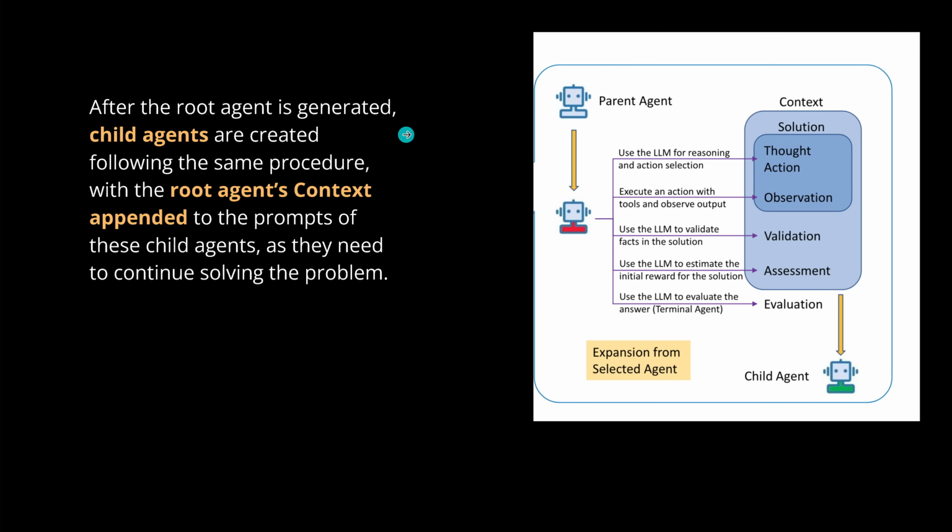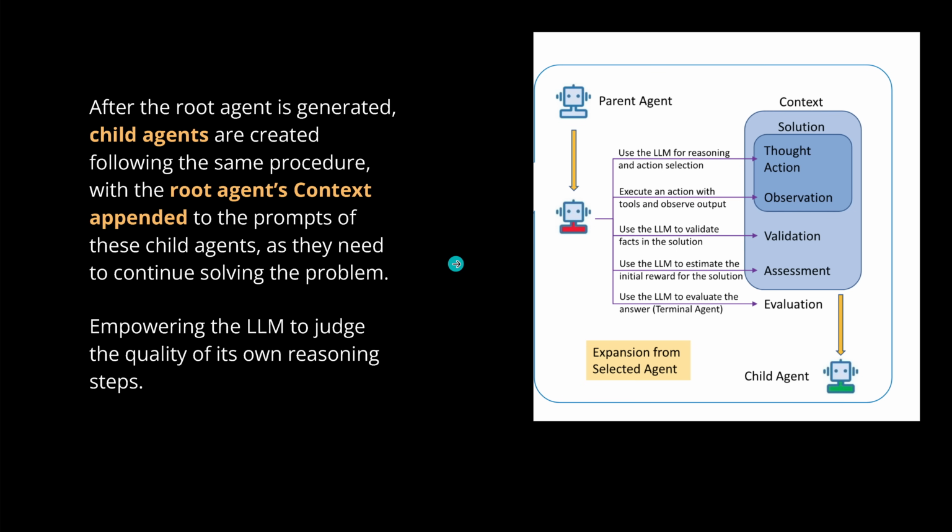And after we have this with the root agent we just described, we create child agents. They follow absolutely the same procedure, with the root agent's context appended to the prompts of these child agents, as they need to continue solving our problem. Well, of course, but you know what? Empowering the LLM to judge the quality of its own reasoning step is the crucial step.